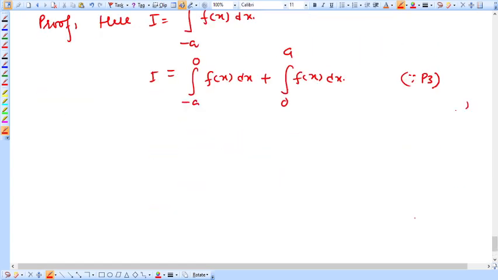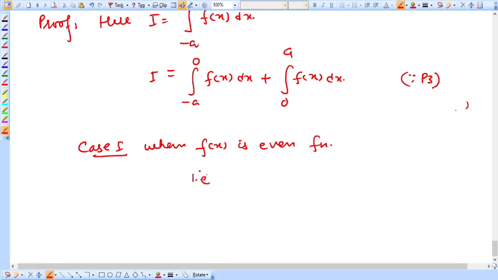Now take case 1, when f of x is an even function, give this equation number 1, that is f of minus x is equal to f of x, okay.